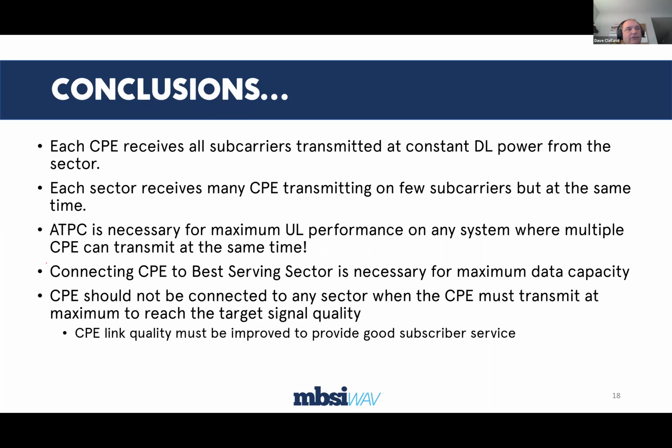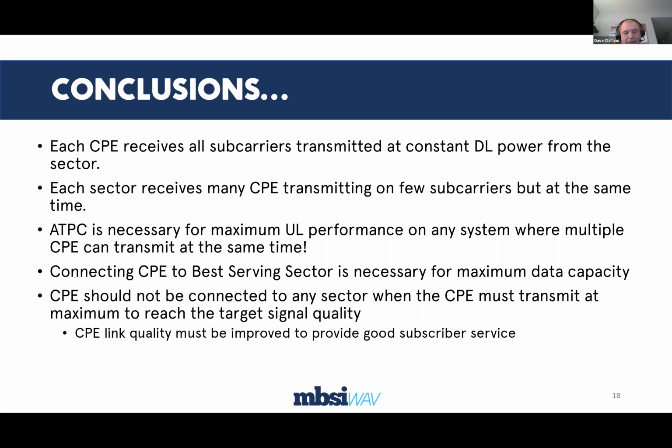If you have one CPE transmitting at one time, the problem is not so bad on the same sector, but it is on the adjacent sector. It's no different. On the same sector now, because of intercarrier or subcarrier interference, we need to have automatic transmit power control to reduce the strong CPE to the point where they look the same as the weaker CPE.